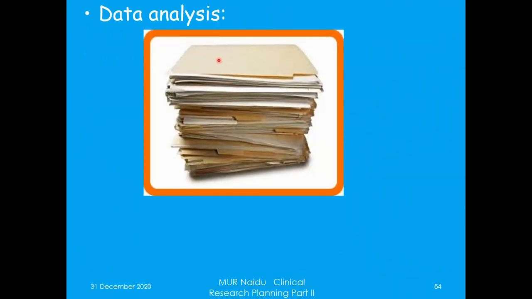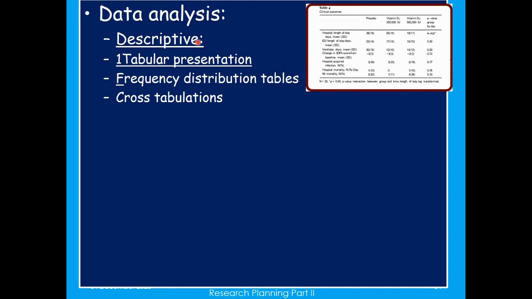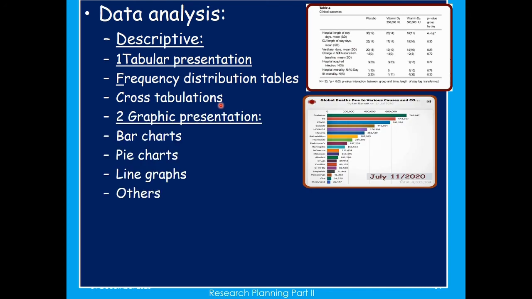Data analysis. The data is usually presented in various forms. For example, it may be in tabular presentation showing a frequency distribution table, cross tabulation, or it can be in graphical presentation like a bar chart, pie chart, line graph or others.